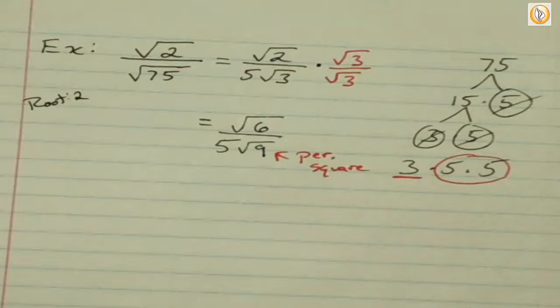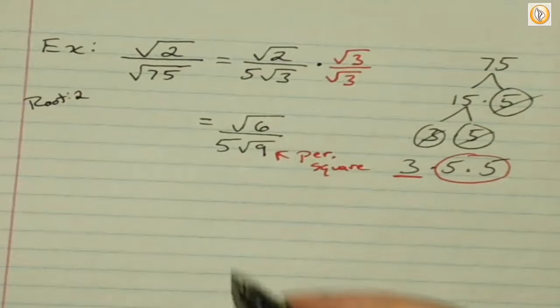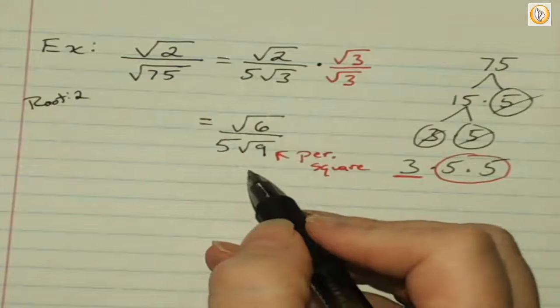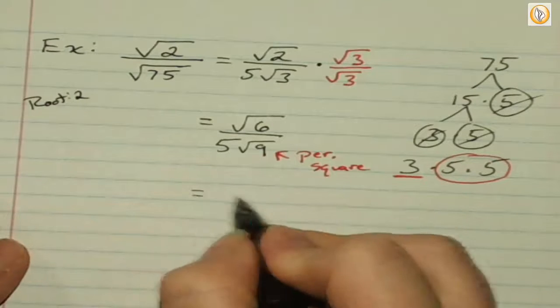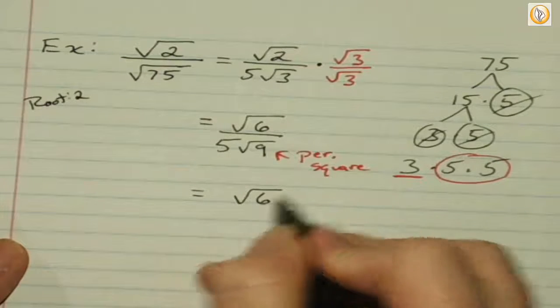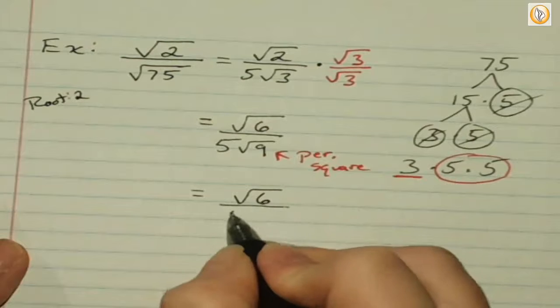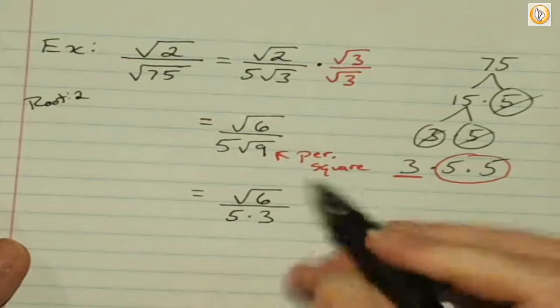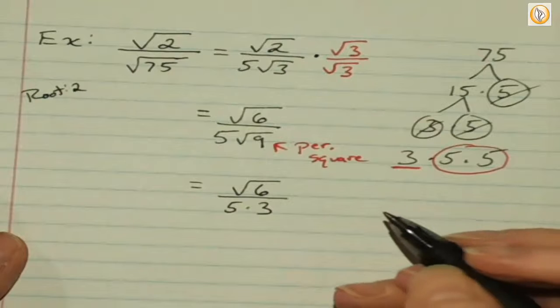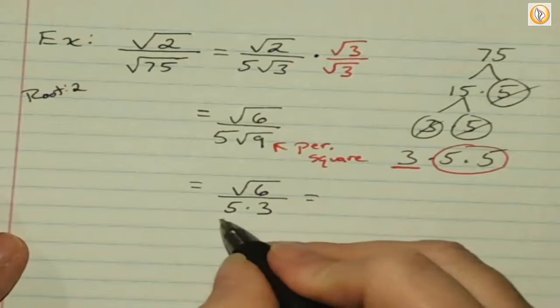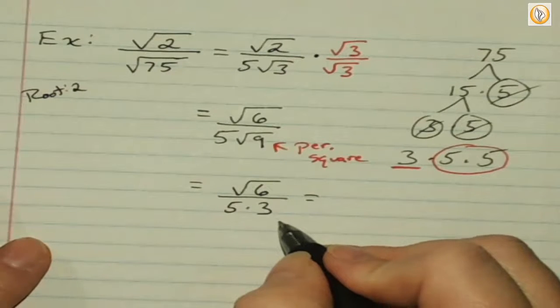So what's the square root of 9? Okay, it's 3, right? Now remember the 5 is being multiplied by this, so we have the square root of 6 over 5 times 3, because the square root of 9 is 3. And then 5 times 3 is what?